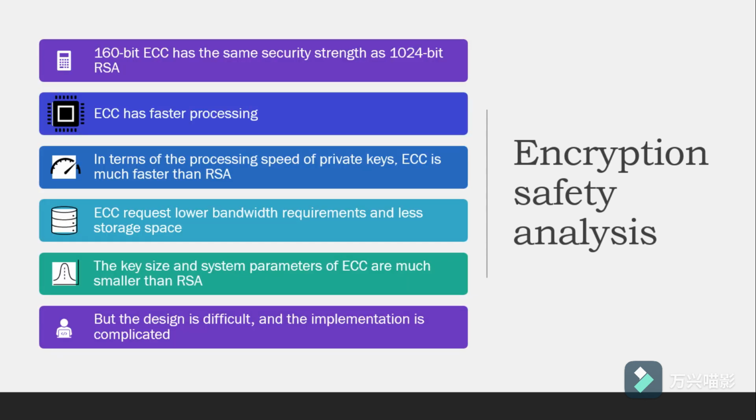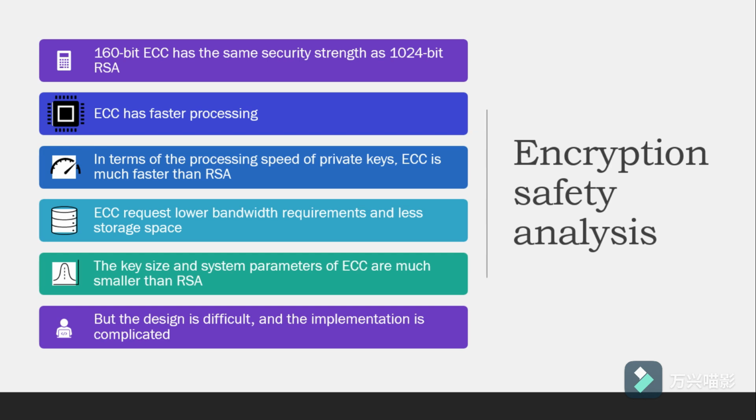So we can see the difference between ECC and RSA. A 160-bit ECC key has the same security strength as a 1024-bit RSA key, and ECC has faster processing. In terms of the processing speed of the private key, ECC is much faster than RSA.